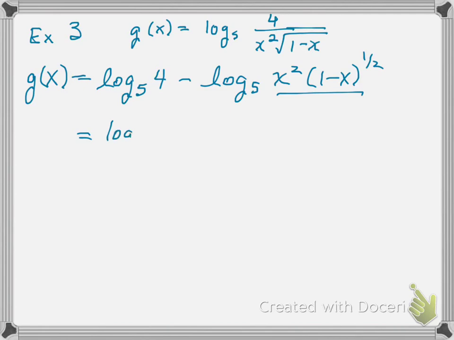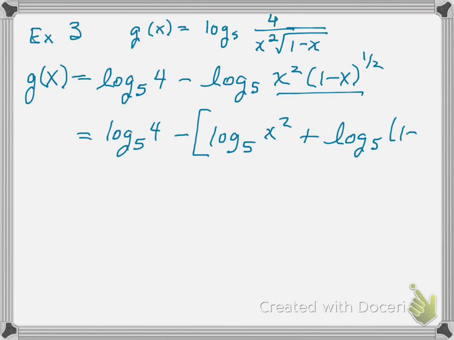So log base 5 of 4 minus, I'm going to do a bracket, log base 5 of x squared plus log base 5 of 1 minus x to the 1/2 power. Okay, so now I need to distribute this negative to both logarithms, and I'm also, while I do that, I'm going to take these powers and move them out in front of the logarithm so that we have something that will be a lot easier to take a derivative of.